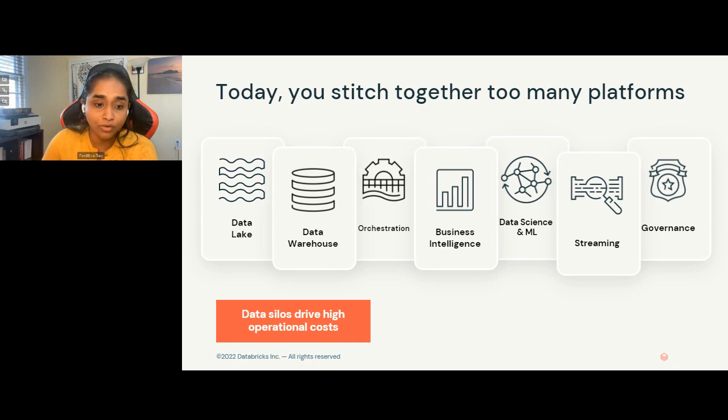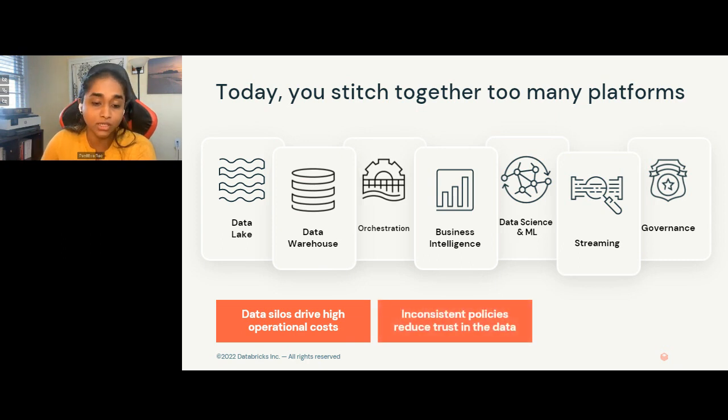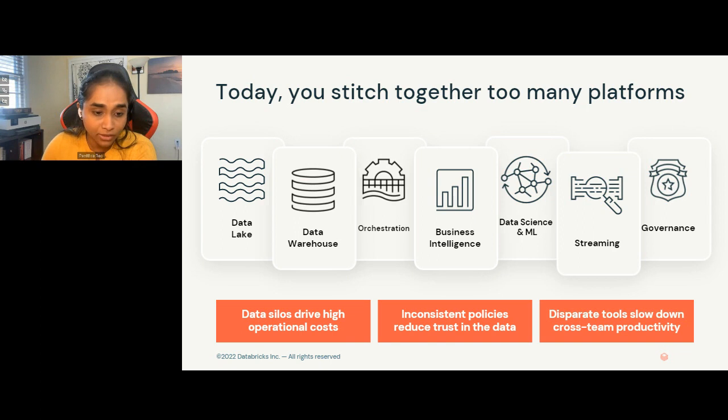You have a slew of governance models that make it hard to know what's correct and who has access to it. And finally, your data practitioners aren't able to work efficiently together, getting slowed down with a lot of high friction handoffs.